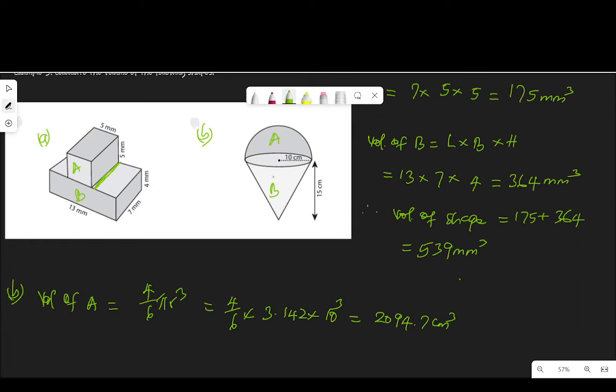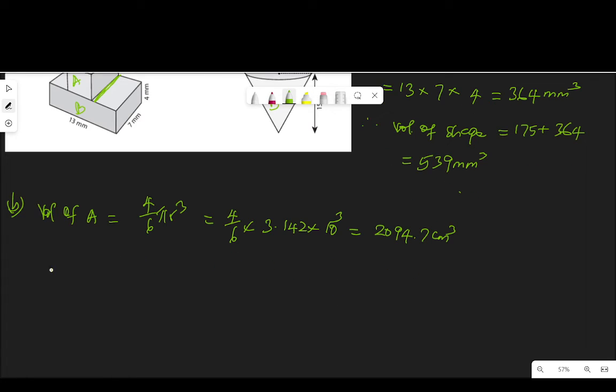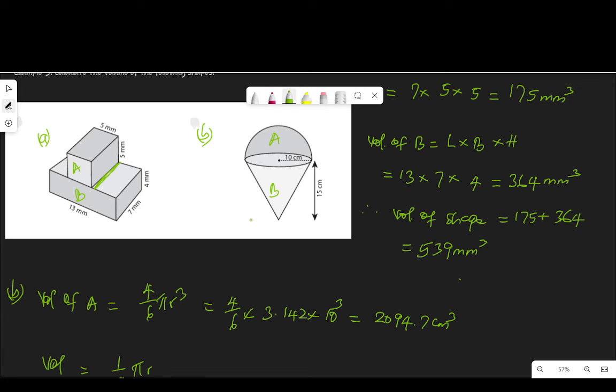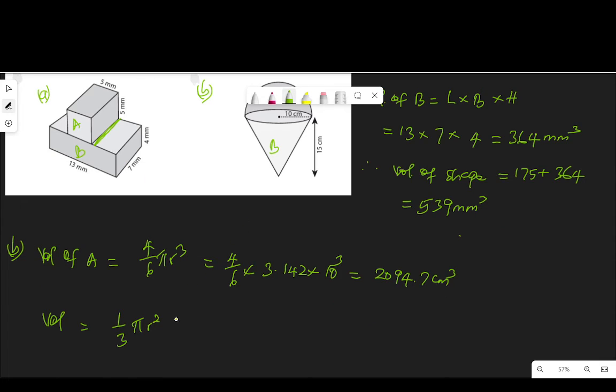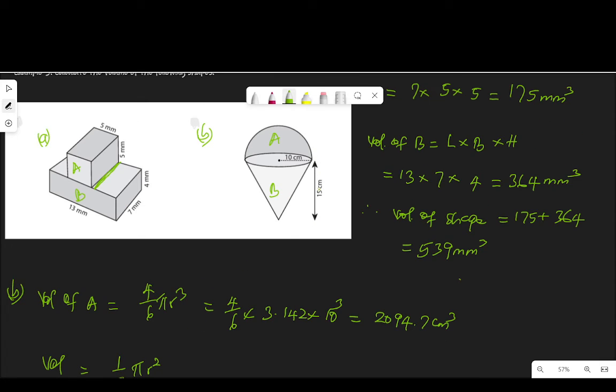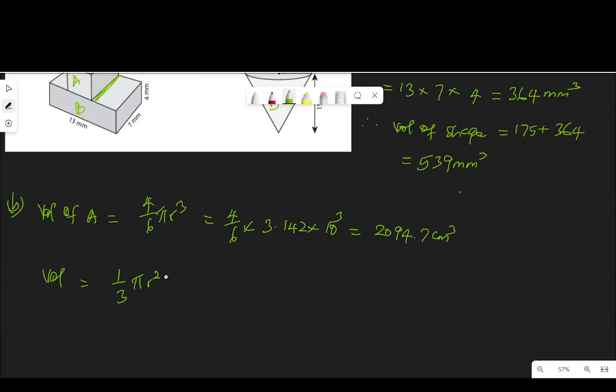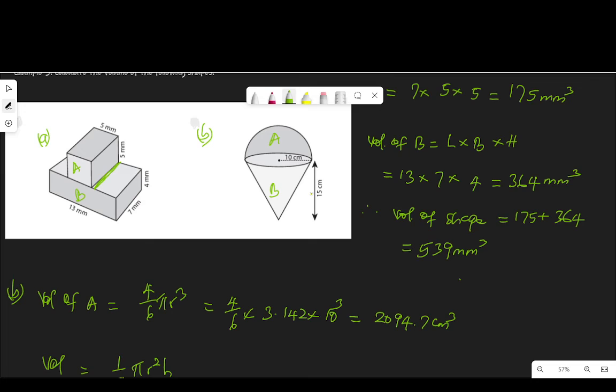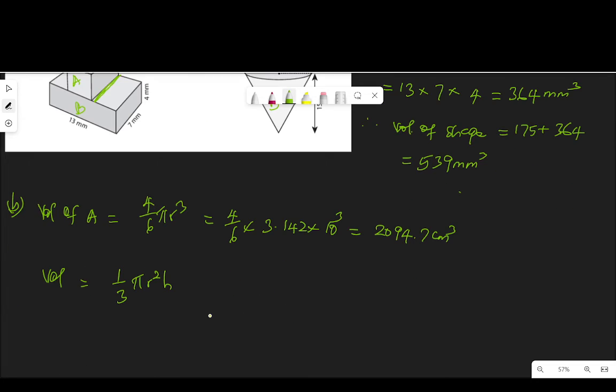And let's get the volume of the cone. A cone is a circular pyramid, a pyramid with a circular base. The volume of any pyramid is 1/3 area of the base. In this case, the base of a cone is a circle, and the area of a circle is pi r squared. Then multiplied by the perpendicular height, the vertical height of the cone, which is h, and is indicated as 15 centimeter right here.